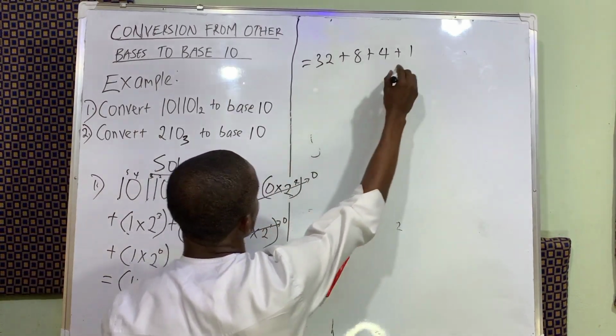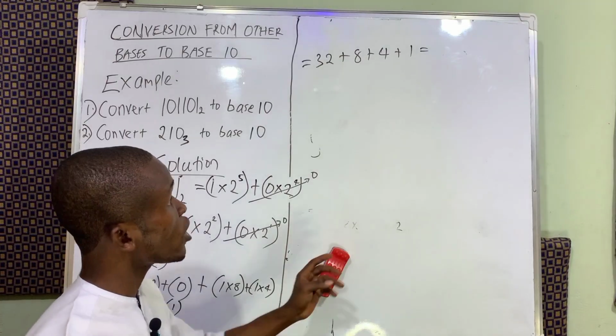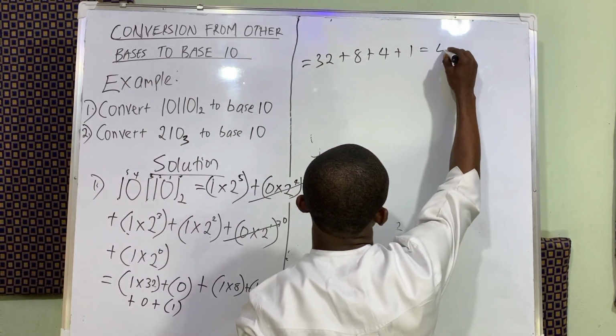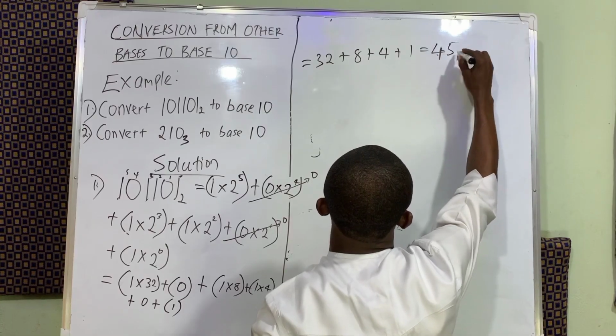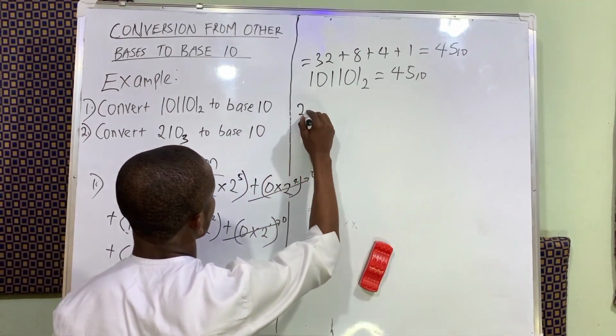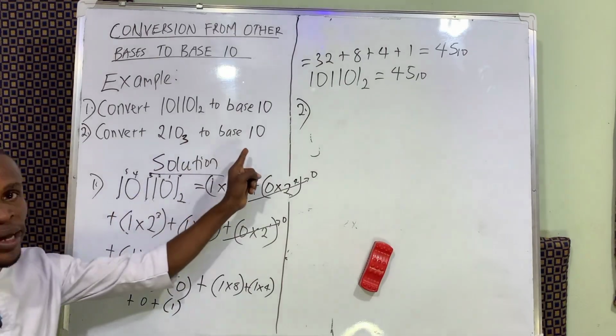So this gives us 32 plus 8, that's 40. 40 plus 5, that's 45 in base 10.